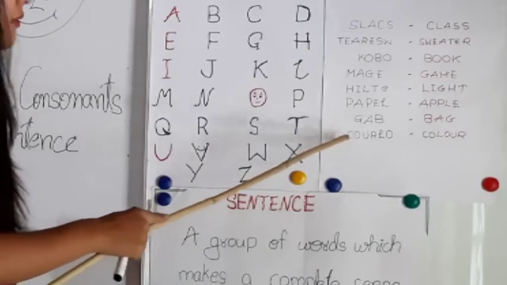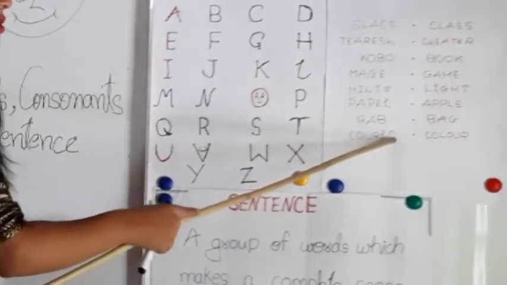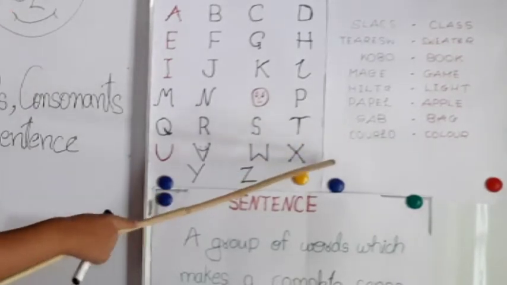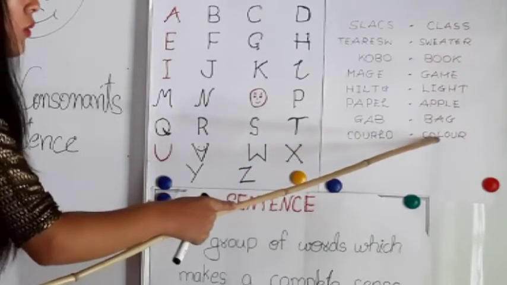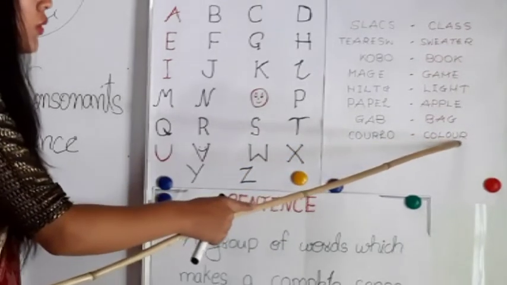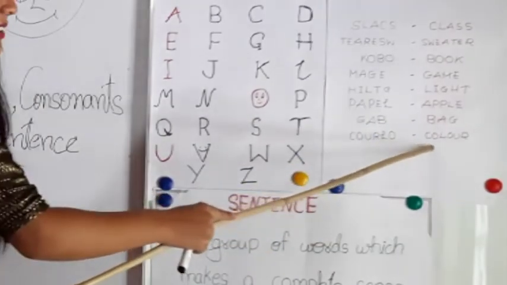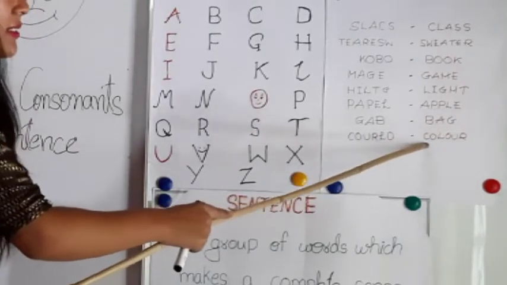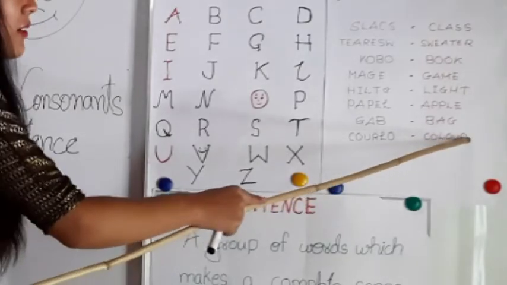This group of letters does not give any meaning, so it is not a word. Let's correct these jumbled letters. C-O-L-O-U-R. Color. Yes, it gives complete meaning and it gives information. Color, so it is a complete word.